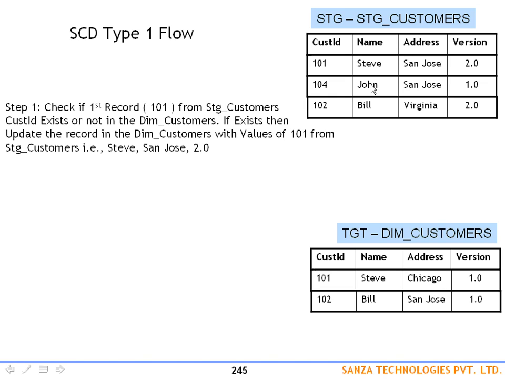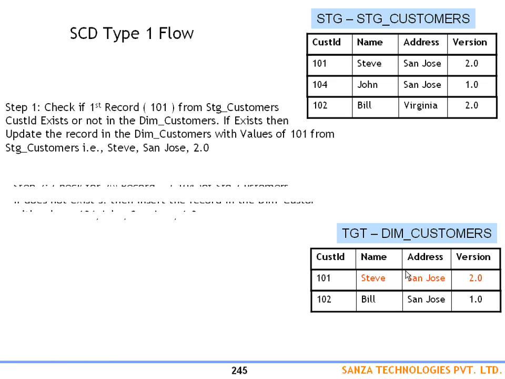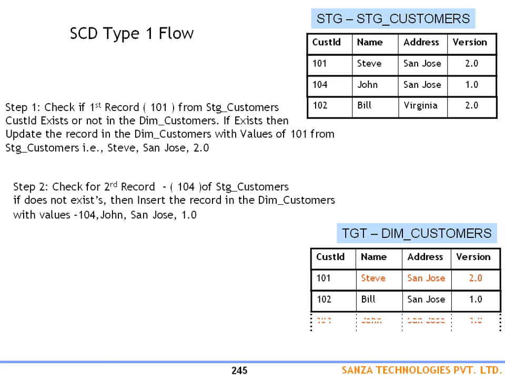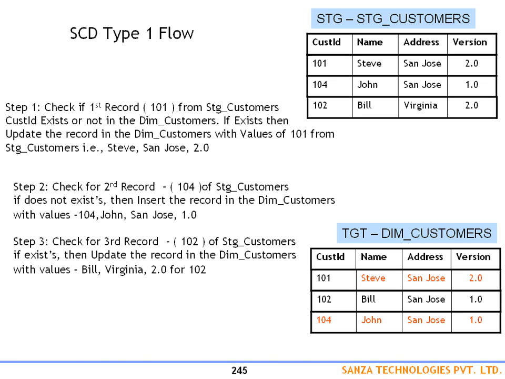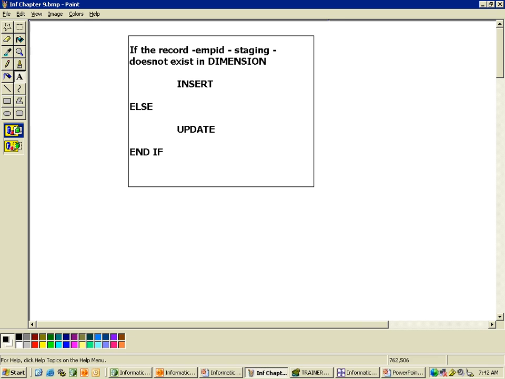Then you check for the next record, 104, exists or not. If it does not exist, you go and insert it. Then check the third record 102, exists, yes. Then update the record in my dimension table. So if the record does not exist, insert it; if it exists, update it.